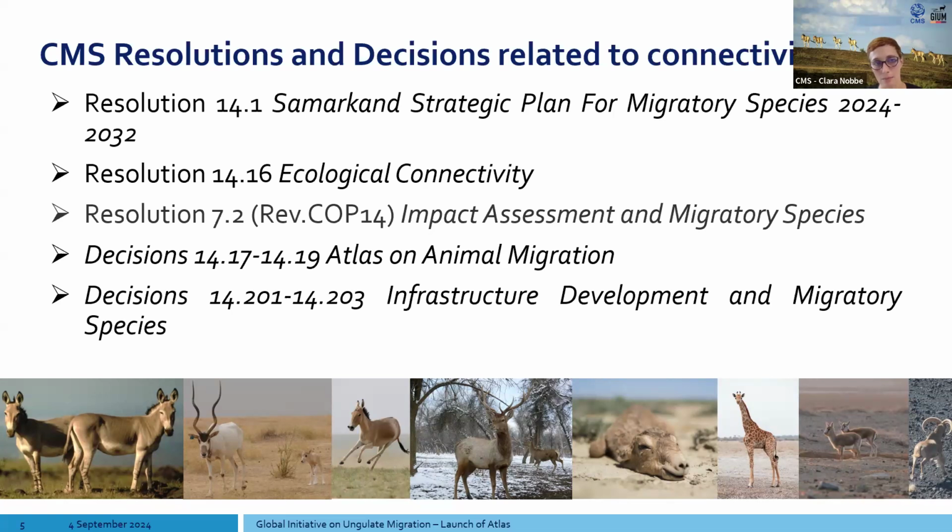And then lastly, a decision taken by the last CMS COP in February this year on infrastructure development and migratory species requires the compilation of distribution data and migration data, but also asks parties to contribute and submit data on their infrastructure developments, ongoing but also future, so that these different data sets can be combined and mapped.